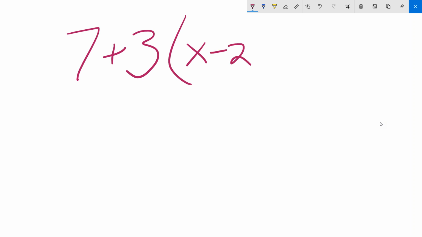Let's go on. Number 3 says the first step in solving 7 plus 3 parentheses x minus 2 end parenthesis equals 2x plus 10.